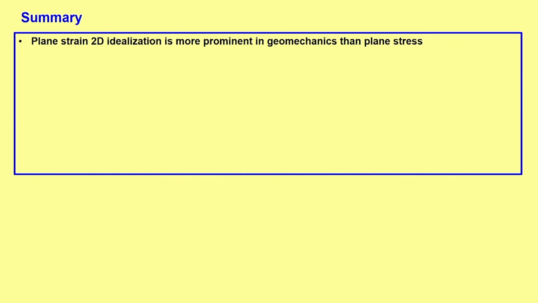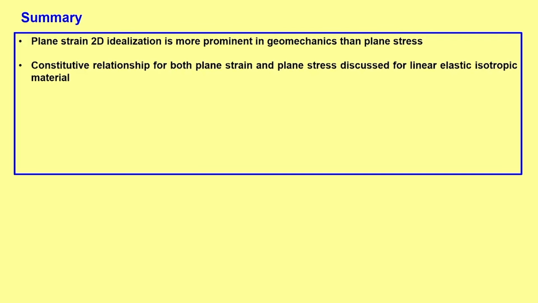Plane strain 2D idealization is more prominent in geomechanics than plane stress. The constitutive relationship for both plane strain and plane stress was discussed for a simple case of a linear elastic isotropic material.